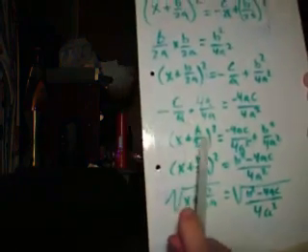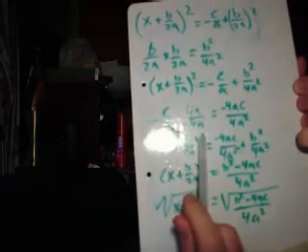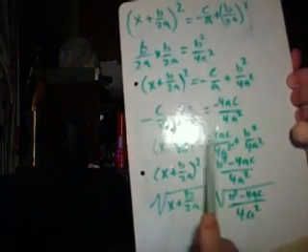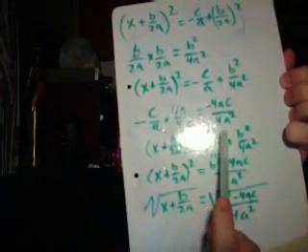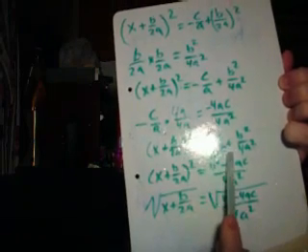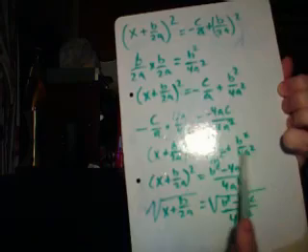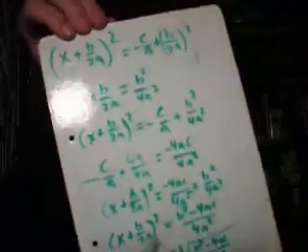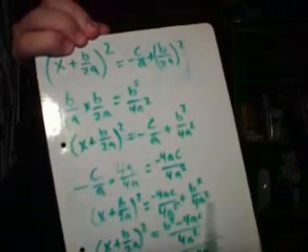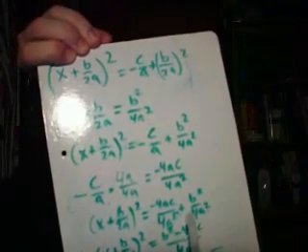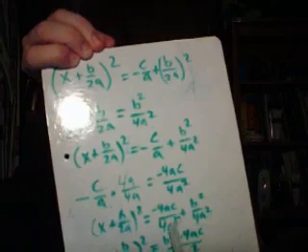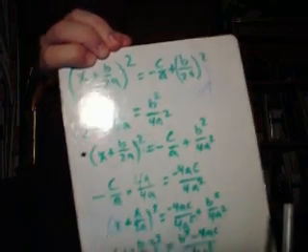Alright, hopefully I haven't confused you so far. Now here's what we're going to do. We've got x plus b over 2a, squared, equaling negative 4ac over 4a squared plus b squared over 4a squared. So now that we have applied the lowest common denominator to this equation, we can add these two terms because the denominators are exactly the same.